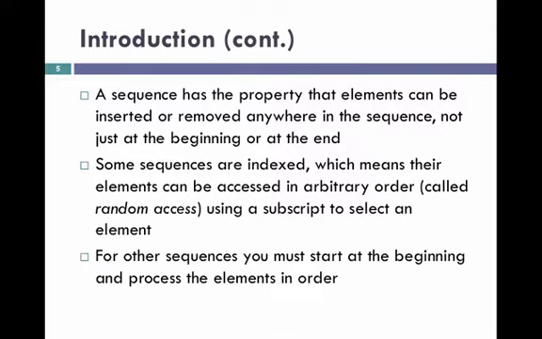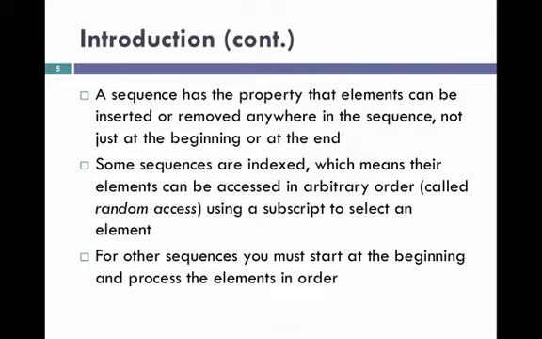A sequence has the property that elements can be inserted or removed anywhere in the sequence, not just the beginning or end. Some sequences are indexed, so you can access them in arbitrary order using a subscript to select an element, just like you're familiar with using an array that way.